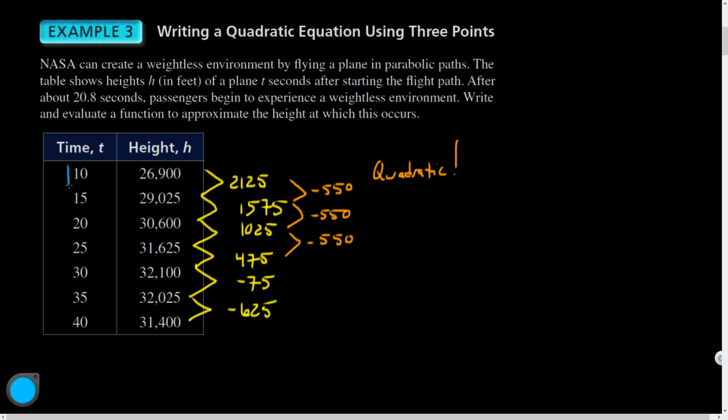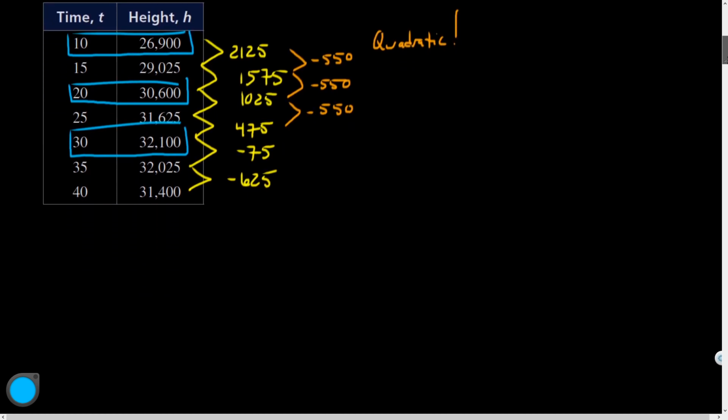It doesn't matter which 3, but I'm going to use this data point and this data point, and these ones seem friendly enough. Because I know it's a quadratic, if I use the data point (10, 2,600) and (6, 900), I'm going to plug them into a quadratic equation.